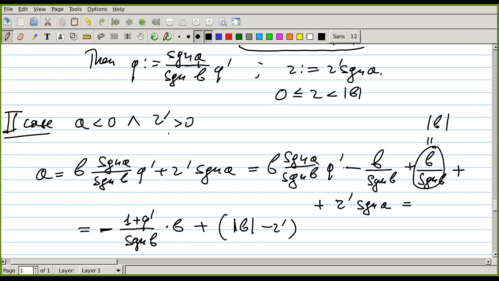Where is the sign of A? The sign of A is -1 in this case, and now it is in our brackets, because A is less than 0. Is it clear?